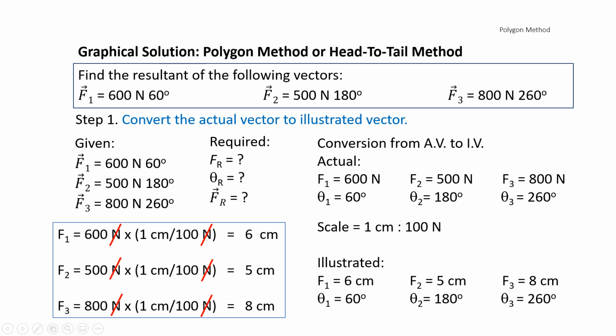The magnitudes and directions of the illustrated forces are 6 centimeters for F sub 1, 5 centimeters for force sub 2, 8 centimeters for force sub 3. The directions of the forces remain the same.